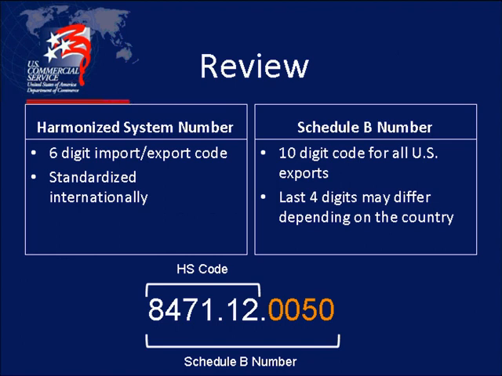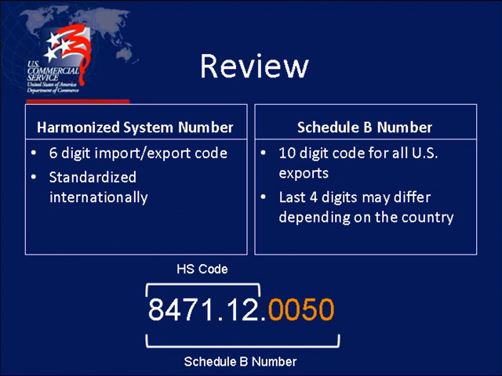Okay, now a quick review of where we've been already. The harmonized system, it's important to have your HS number. One of the first things that you should do is know what it is for your products or your product line.